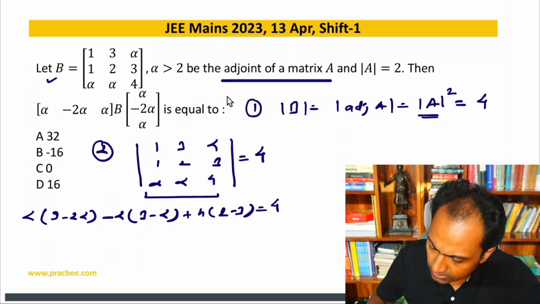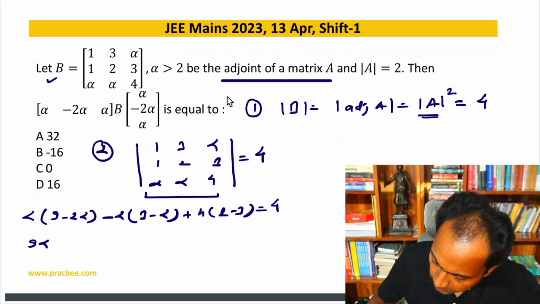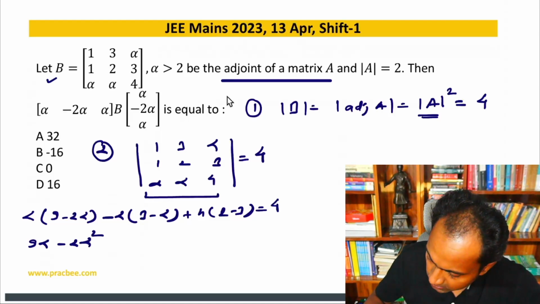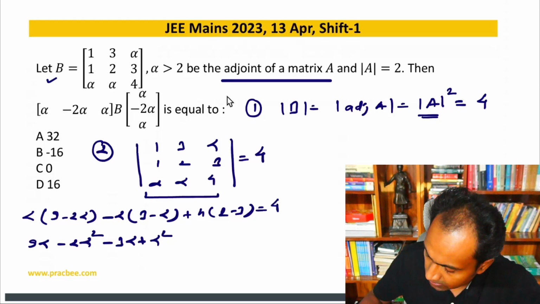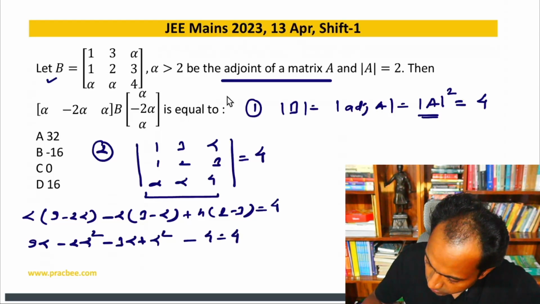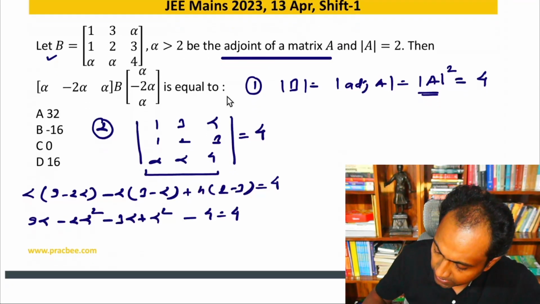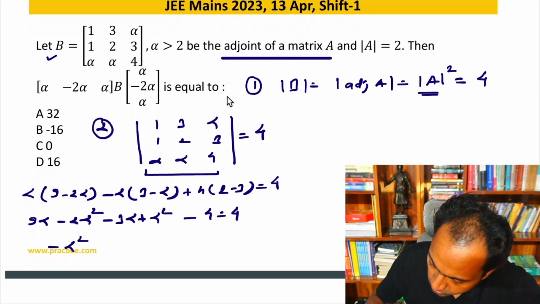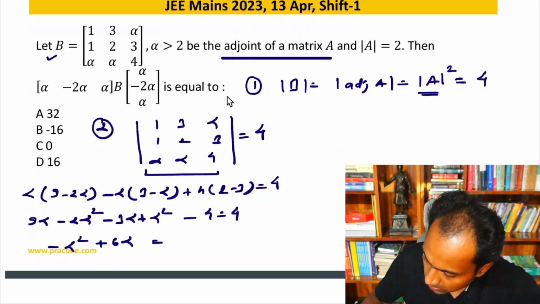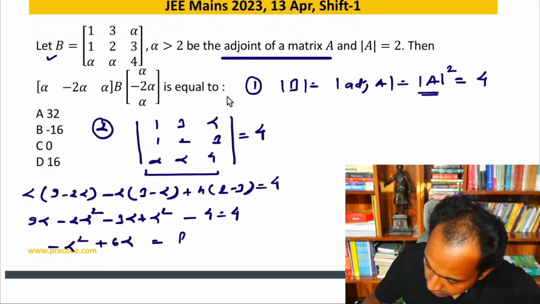Once I do this, the first part will become 9 alpha minus 2 alpha square. The second part becomes nothing but minus 3 alpha plus alpha square. And ultimately we have minus 4 equal to 4. If I simplify this, I am getting 1 minus alpha square plus 6 alpha, and on the other hand side, this becomes nothing but 8.